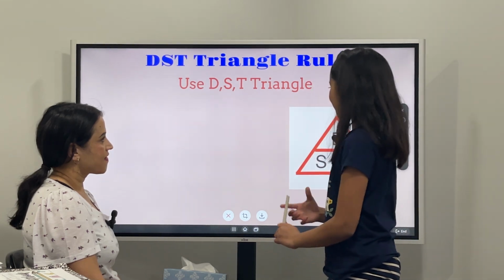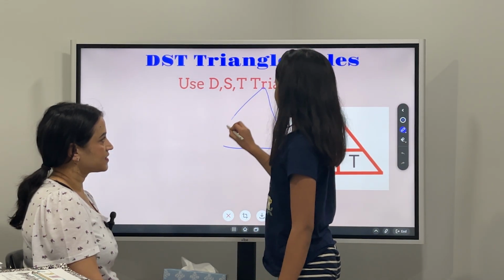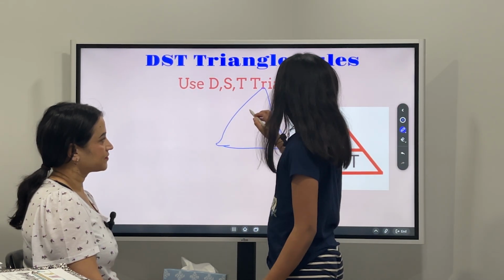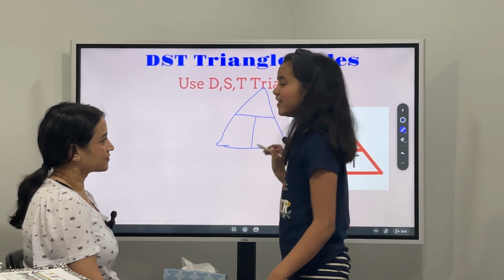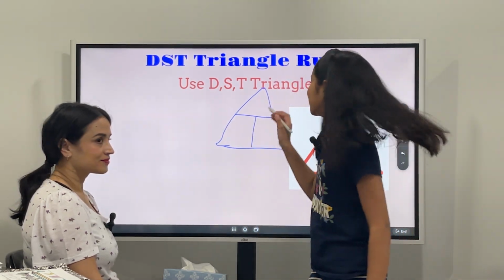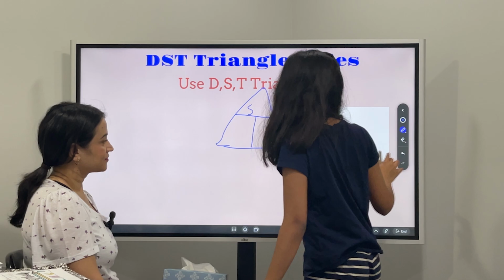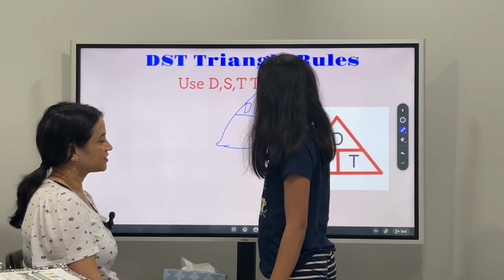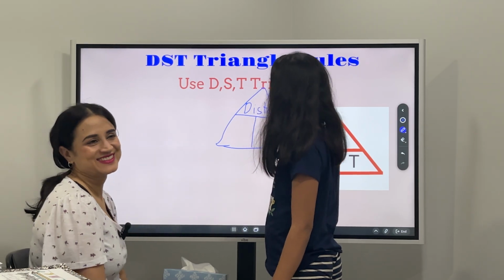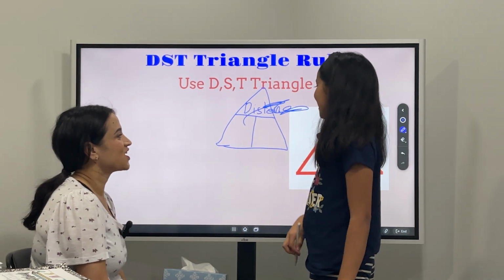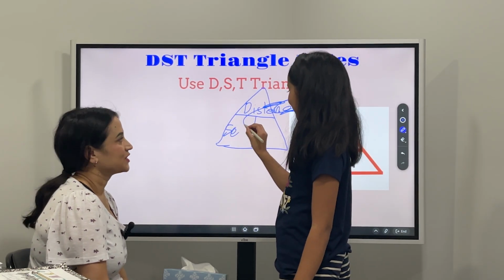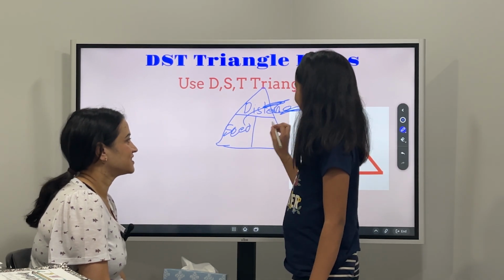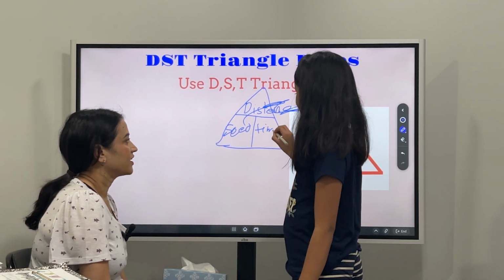Let me draw a triangle and try fitting the whole thing. That's the distance, and then speed, and then time.